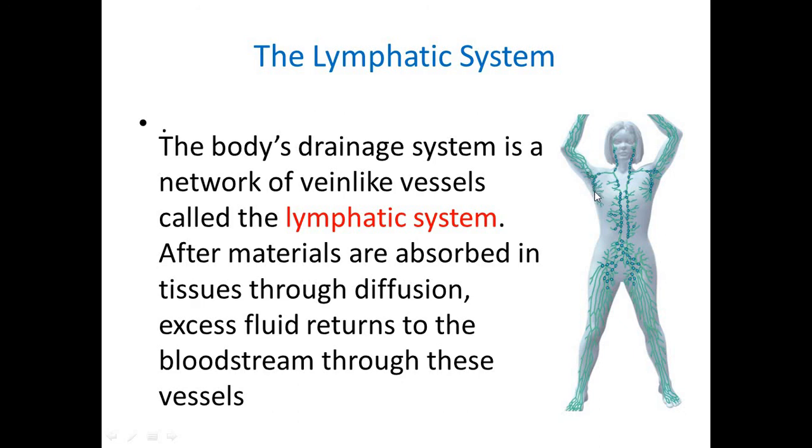That means the lymphatic system interacts between the circulatory system and the immune system. That means it helps to return the fluid into the bloodstream and helps to what? To fight disease, especially in lymph nodes.